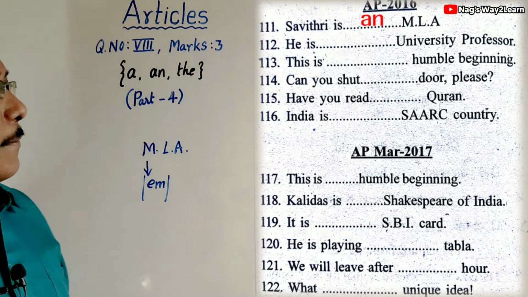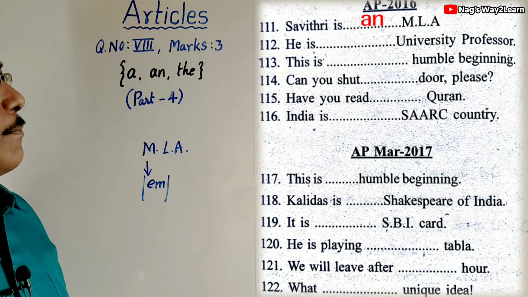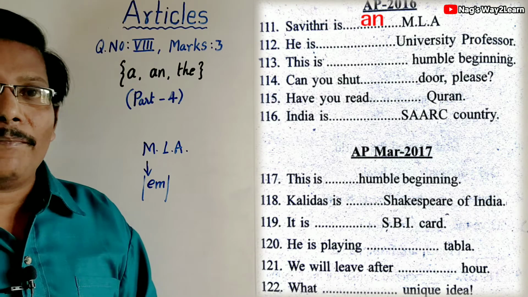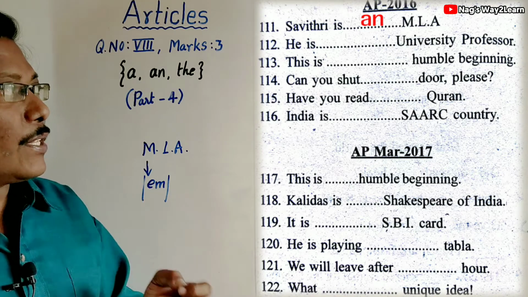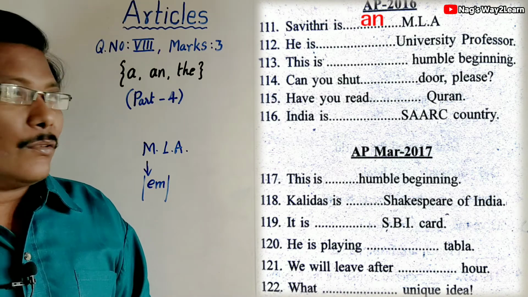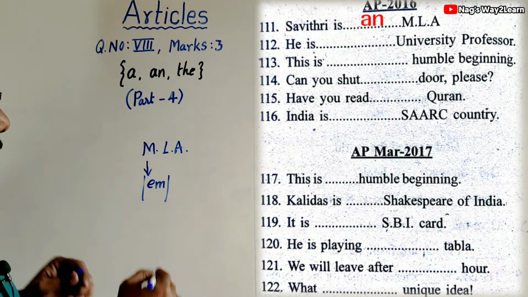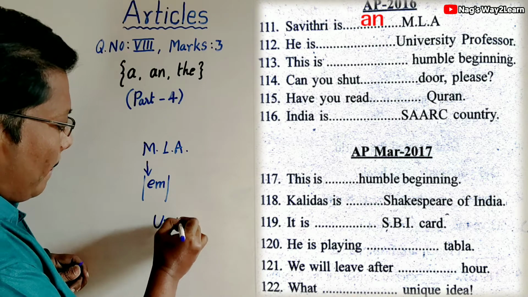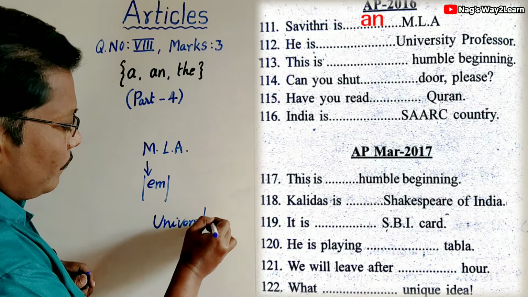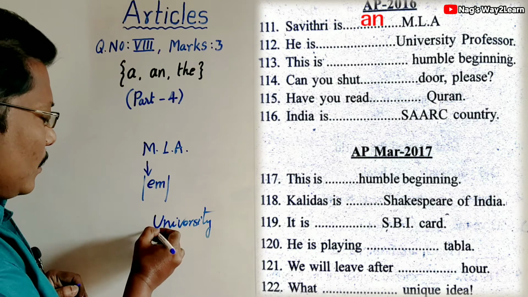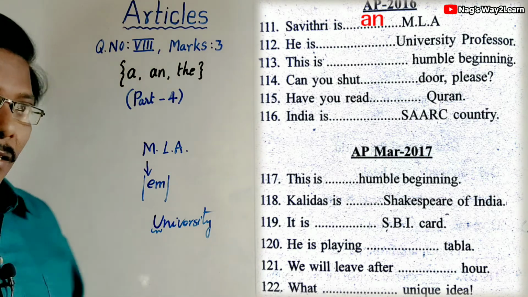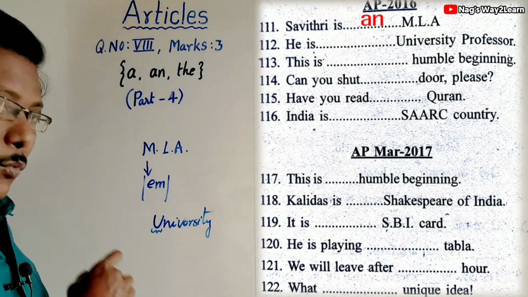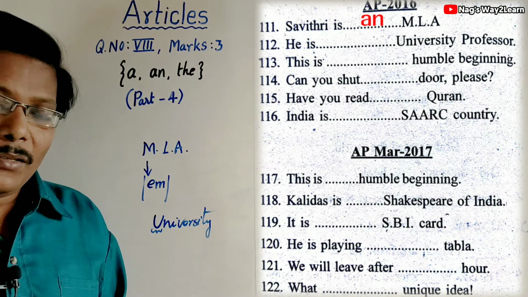So, the next one, he is dash university professor. So, here in the university, the first letter U is vowel.